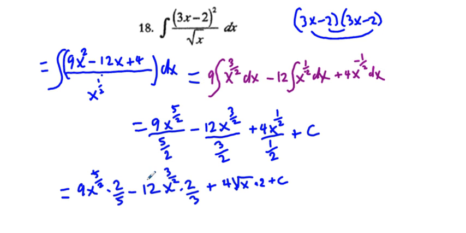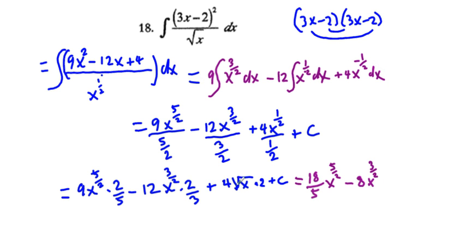And just kind of simplifying out, I think we have some room left on the right to work with. This is going to be equal to 9 times 2 is going to be 18 fifths x to the 5 halves power, and we have negative 12 times 2, which is 24 divided by 3, so that's going to be minus 8 x to the 3 halves power.